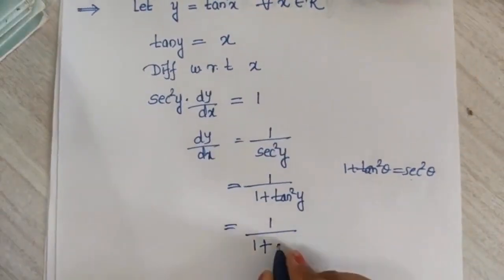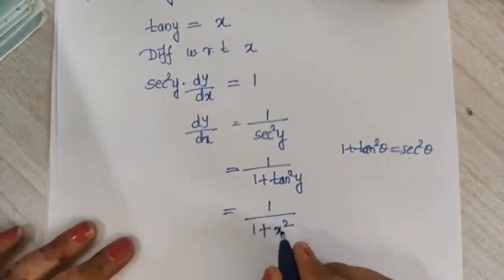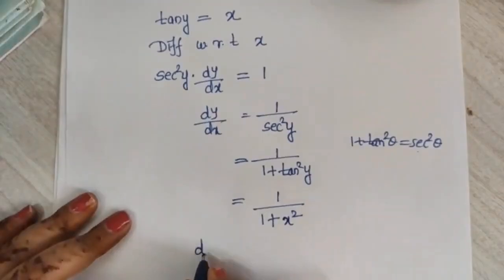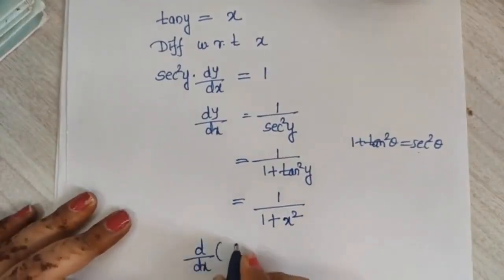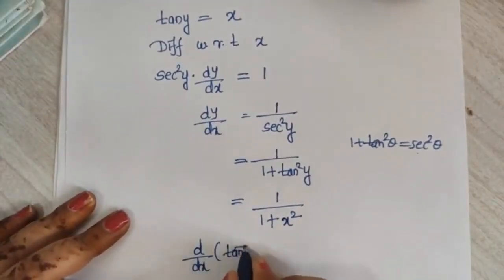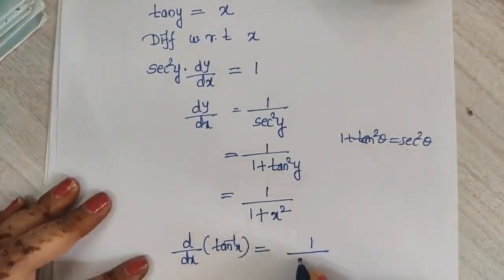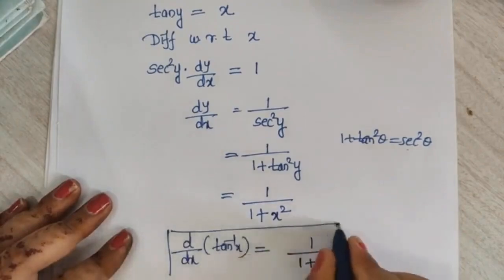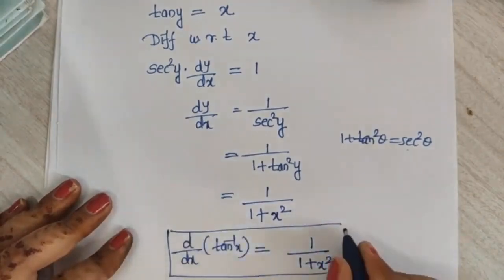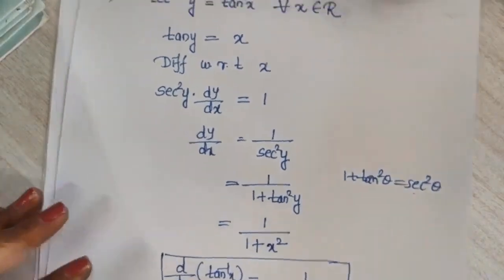So tan square y is there, so I'll write x square. So what we got is the differentiation of tan inverse x with respect to x is how much? 1 divided by 1 plus x square. This is the third one, differentiation of tan inverse x.